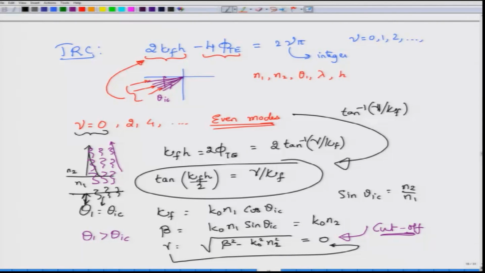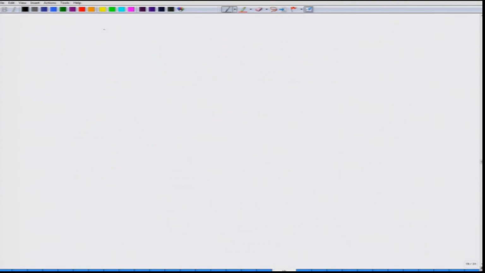So, gamma is 0, kappa f is k0 n1 cos theta IC. You can either extract cos theta IC from this equation, or you can go to the more defining relationship between kappa f and beta.